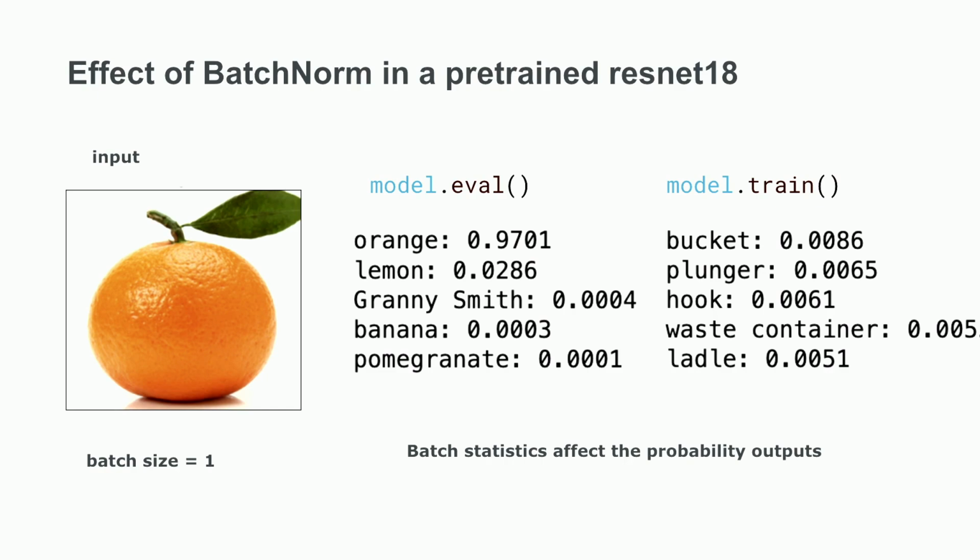And it's important for us to understand and remember that model.train is a default behavior of all PyTorch models, so this is present even if we don't call it. So we're going to get bad predictions out of our ResNet if we don't set it to model.eval because of the effect of batch normalization when we run it on small sample sizes.